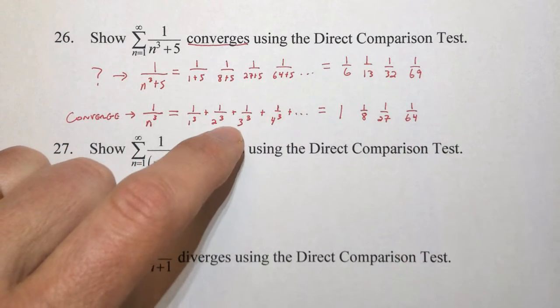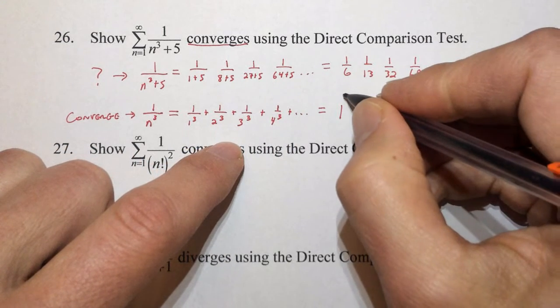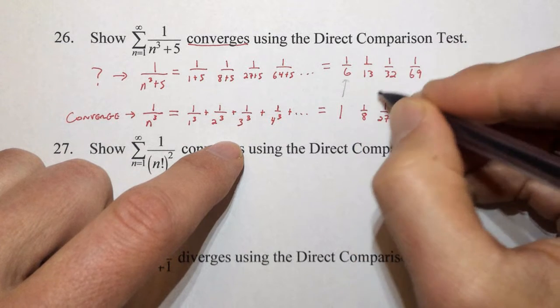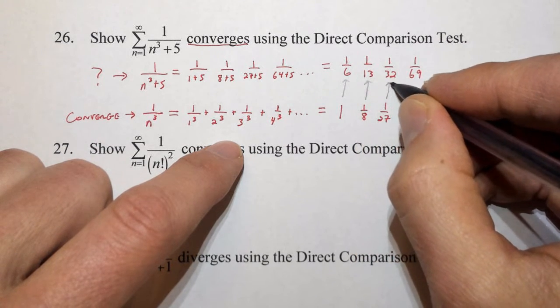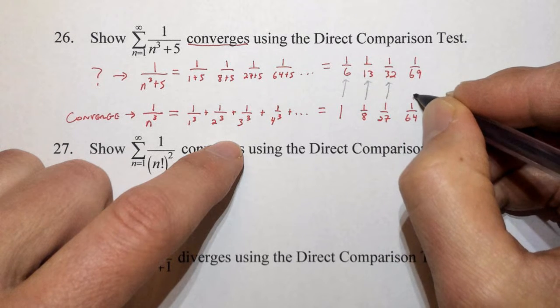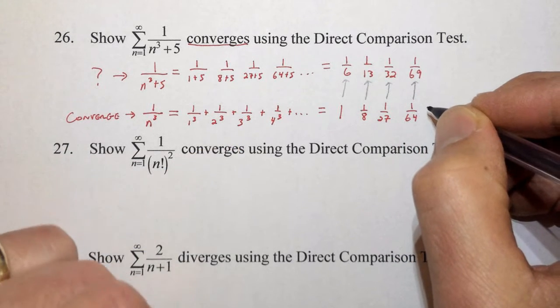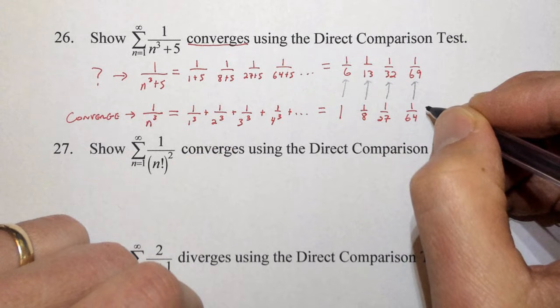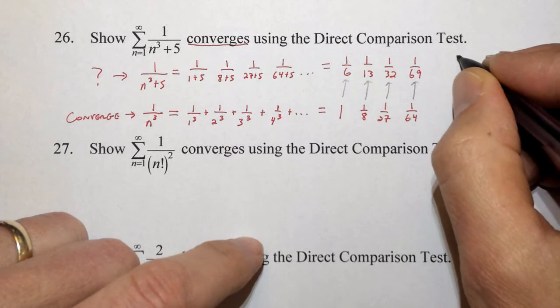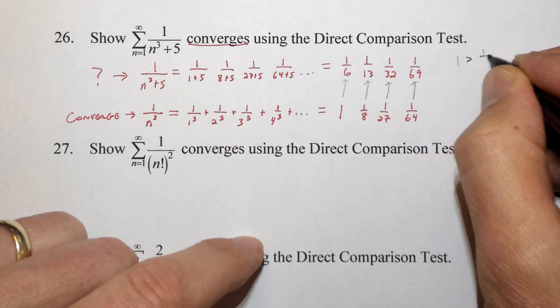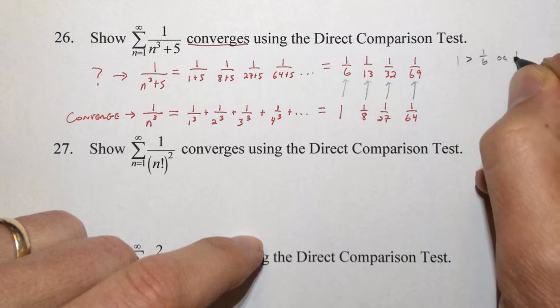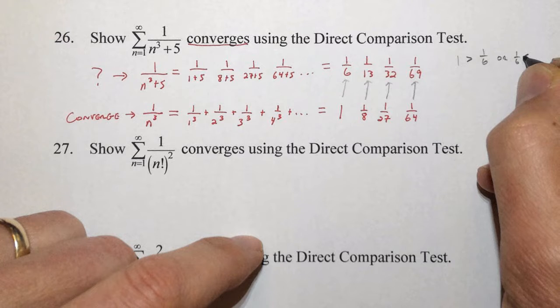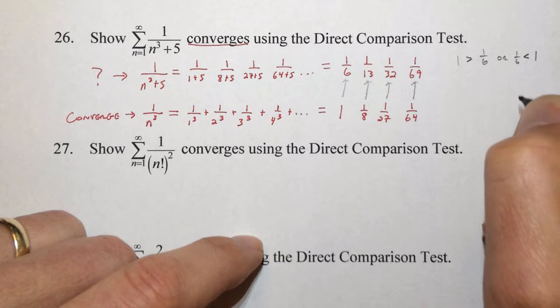Let's compare these terms: 1 to 1/6, 1/8 to 1/13, 1/27 to 1 over 32, 1 over 64 to 1 over 69. 1 is bigger than 1/6, or if you prefer, 1/6 is less than 1.